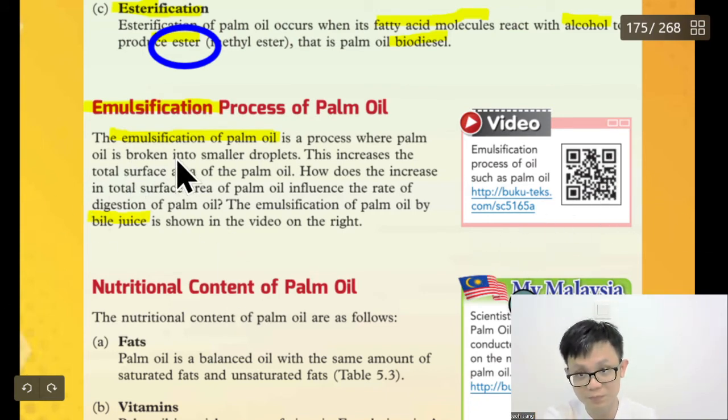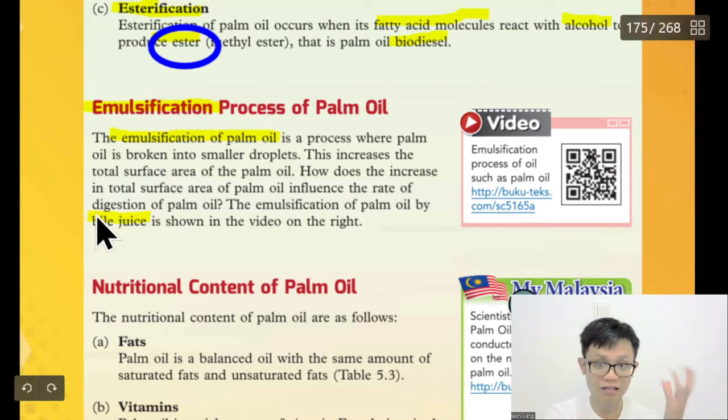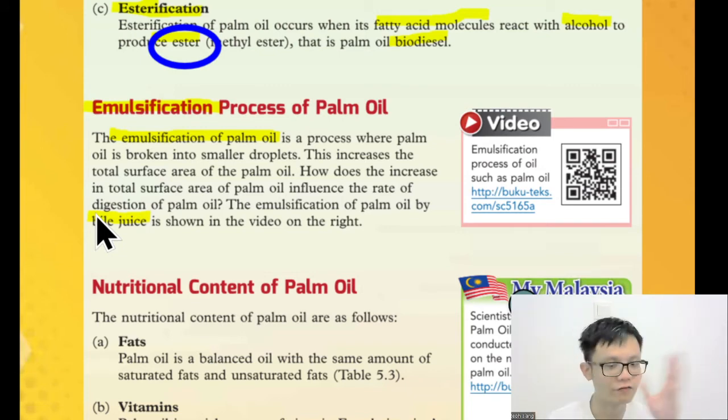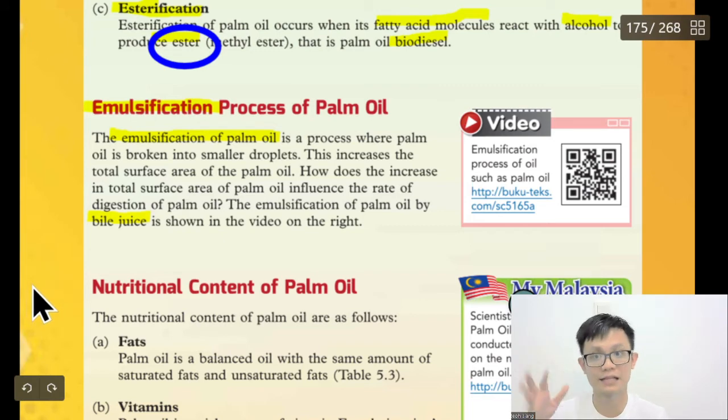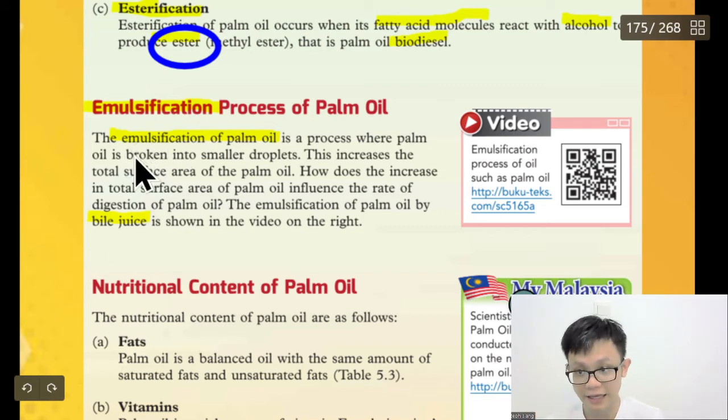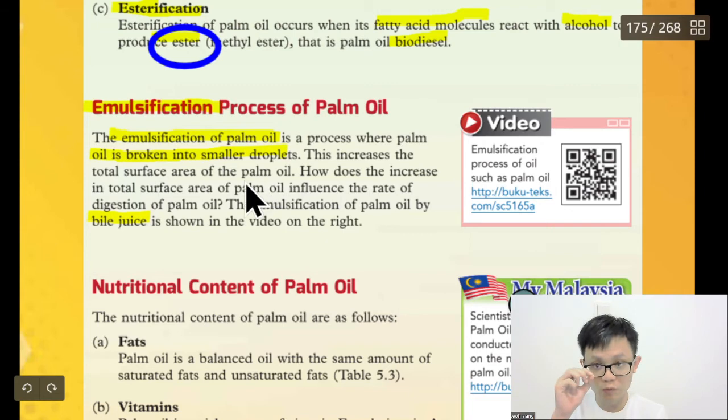Means after this process, if we eat it under the bile juice, it's easier to digest, easier to process in your body. So we call it, again, emulsification means what? Make the oil broken into small pieces, in case the exam asks.